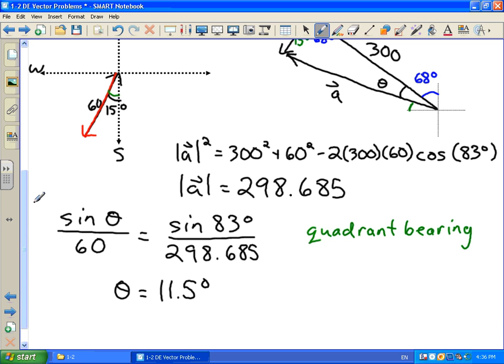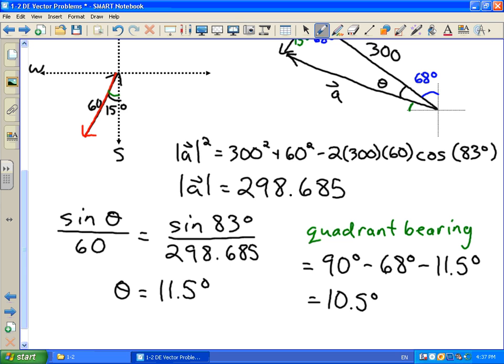Well, the whole thing is 90. We've got 68 degrees to there. We've got theta inside there, which we've just calculated. So the quadrant bearing is going to be 90 degrees minus 68 degrees minus that 11.5 that we just calculated. So the quadrant bearing angle is 10.5 degrees.